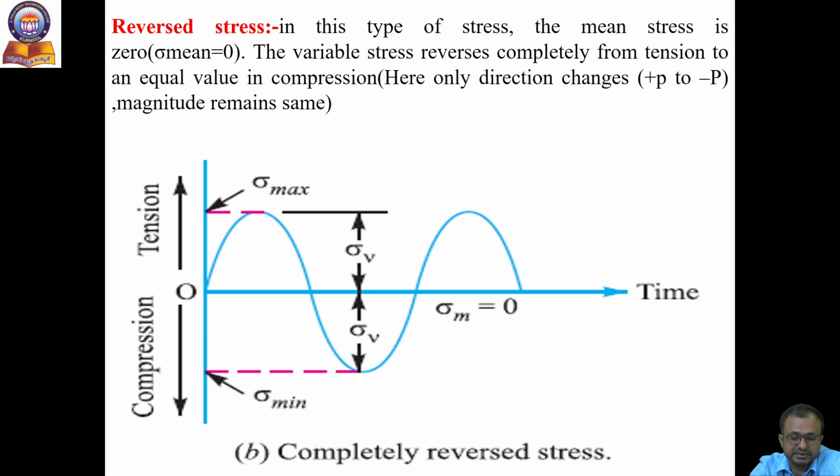In this reversed stress cycle, mean stress is 0. The variable stress reverses completely from tension to an equivalent value in compression. Here the value is changing from plus P to minus P. Magnitude remains the same. So this is regarding the reversal stress cycle.